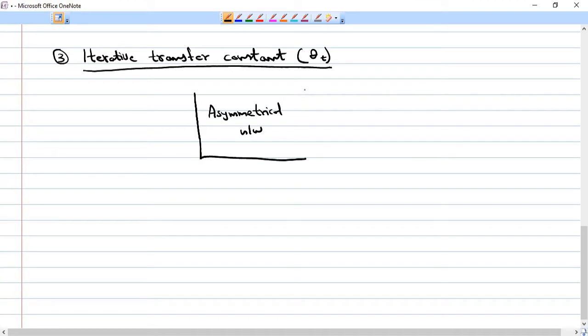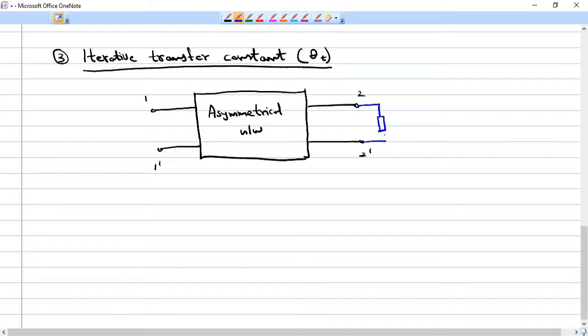We have the input port 1 dash and the output port 2 dash. Now this network is terminated by its iterative impedance ZT2.